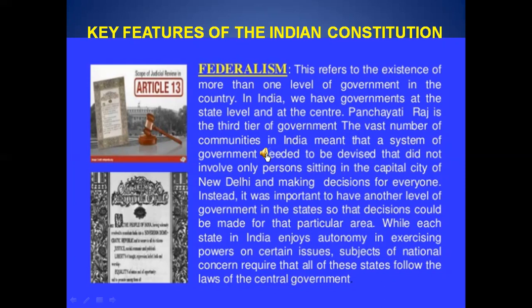that particular area. While each state in India enjoys autonomy in exercising powers on certain issues, subjects of national concern require that all of these states follow the laws of the central government. The Constitution contains lists that detail the issues that each tier of government can make laws on.